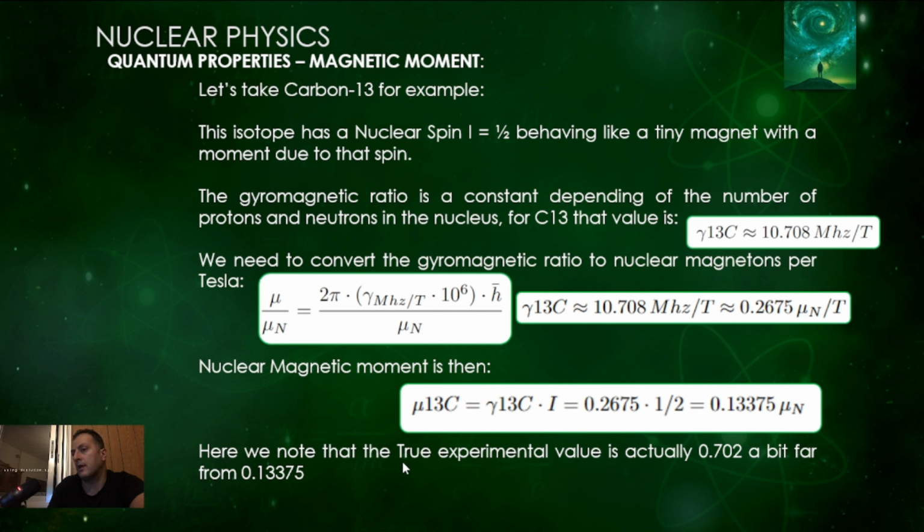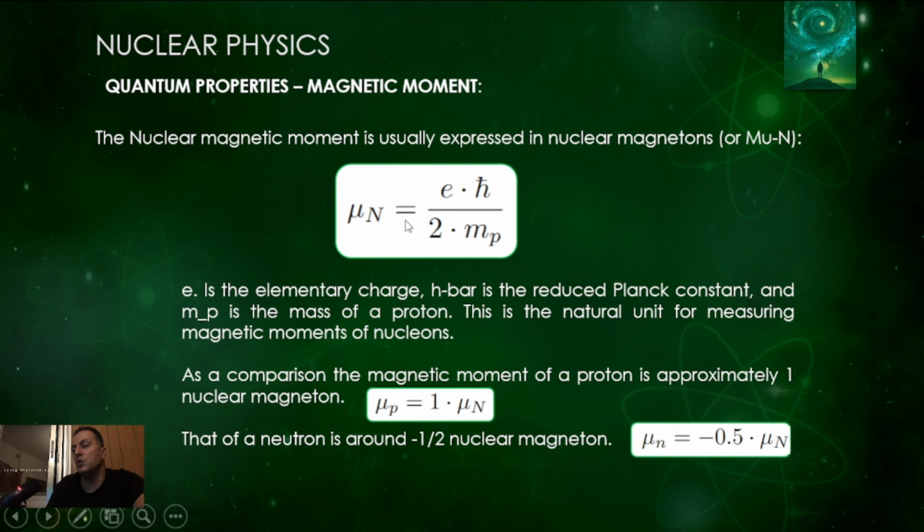We note here that the true experimental value is actually 0.702, a bit far from 0.13375. But as a review, the nuclear magneton is equal to the elementary charge times the reduced Planck constant, divided by 2 times the mass of the proton.